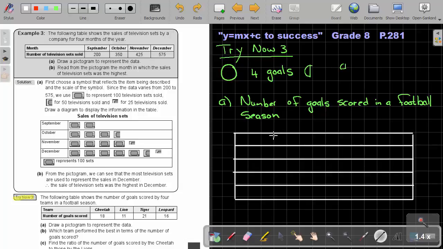And usually in your table you must represent the key: 1 ball is representing 4 goals. Then it's the different teams. So if I write them in, it's a cheetah, a lion, a tiger, and a leopard.